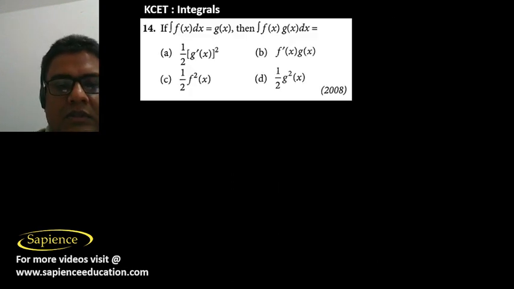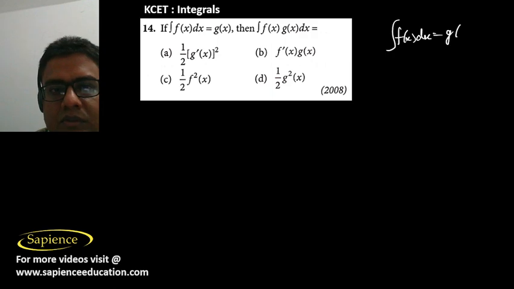Then here question number 14 is told, if integral of f of x dx is equal to g of x, then integral f of x into g of x dx, how much is that?